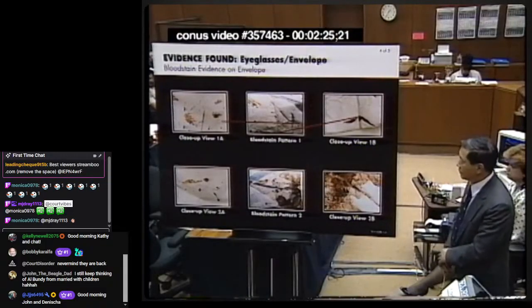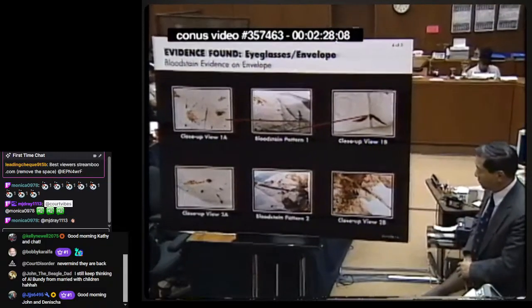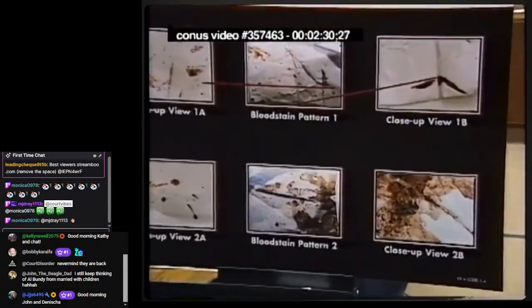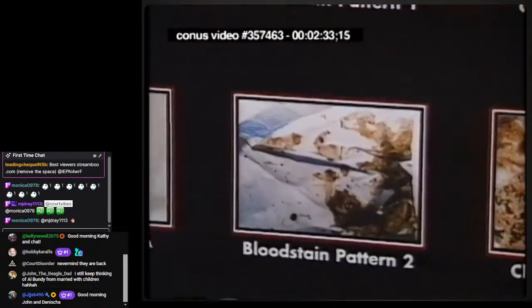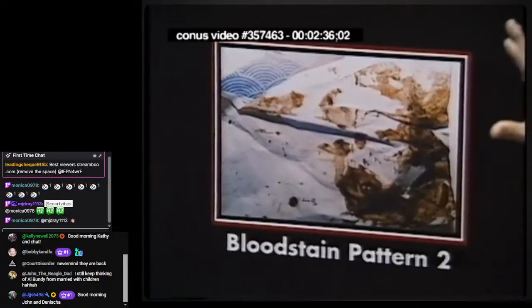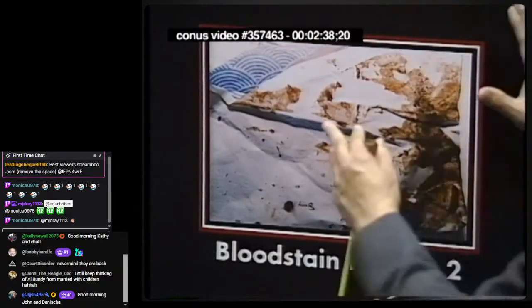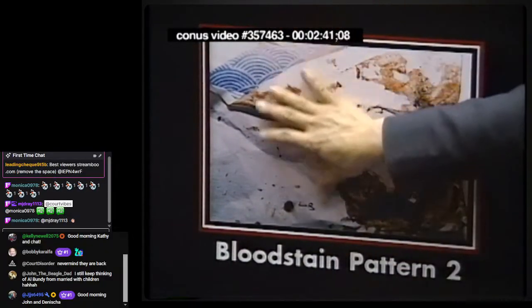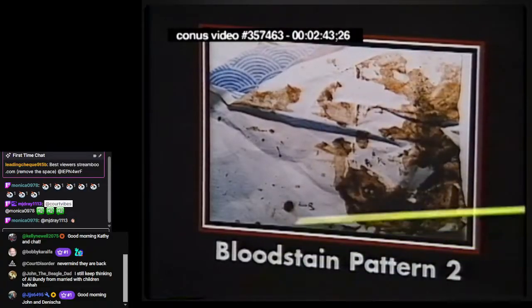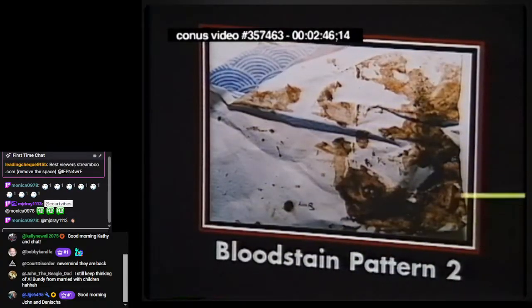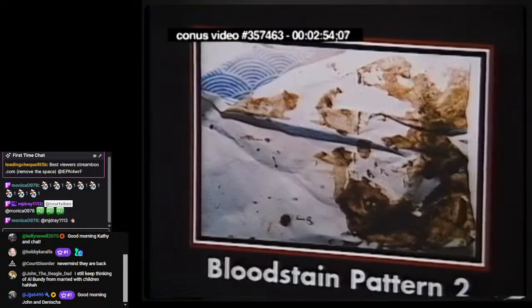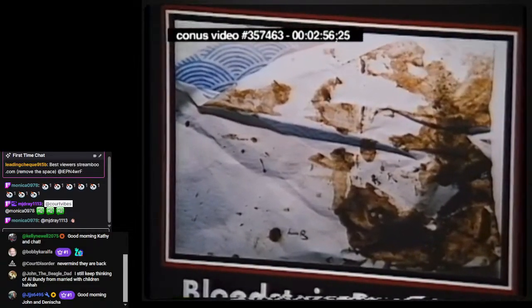All right, could you please move to bloodstain pattern number 2? Bloodstain pattern number 2 depicts the upper right corner of this envelope, if I face the envelope. Multiple bloodstain patterns can be seen in this location. Over hundreds of bloodstains can be counted in this area too.